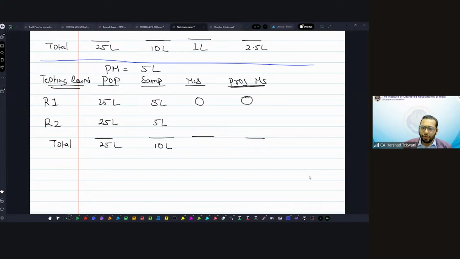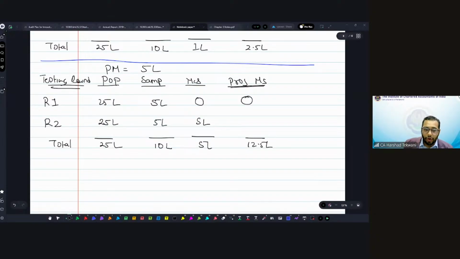When I went for the round two testing, out of the 5 lakh samples that I tested, my misstatement was 5 lakh. So total misstatement out of 10 lakh became 5 lakh. And what will be the projected one now? 12.5 lakh.